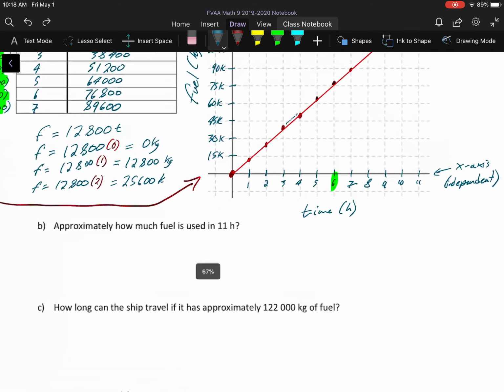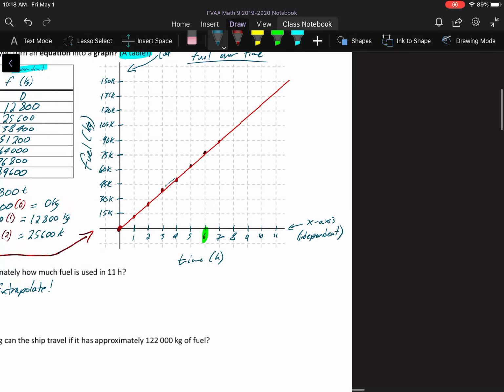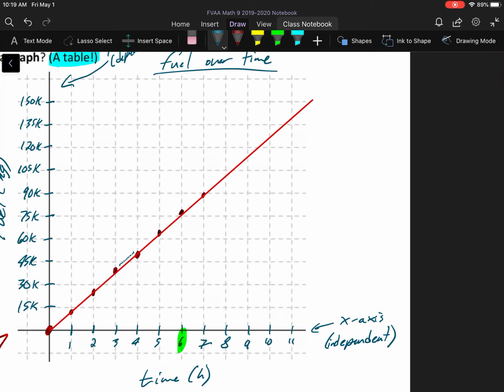So now they're asking us approximately how much fuel is used in 11 hours. Okay, so here, 11 hours. Are we being asked to interpolate or extrapolate? So here, we're being asked to extrapolate, right? So luckily, I drew my line beyond the dots, the 11th hour.